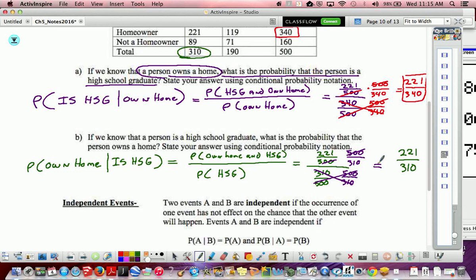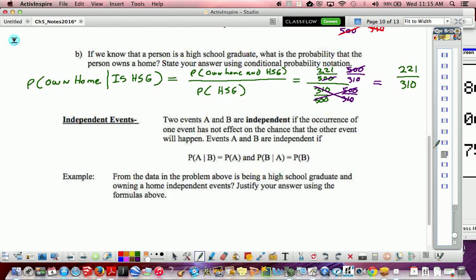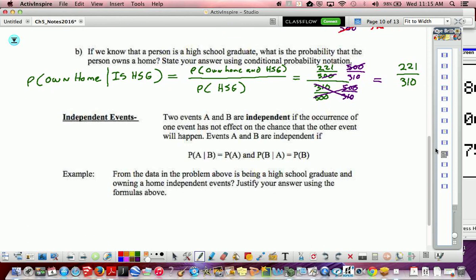So you can see how your probabilities change based on a certain situation, or what I like to think, a certain condition has been given to you. Now, one of the nice things that we've talked a little bit already about is this concept of independent events, when the probability of one outcome doesn't change the probability of another outcome.